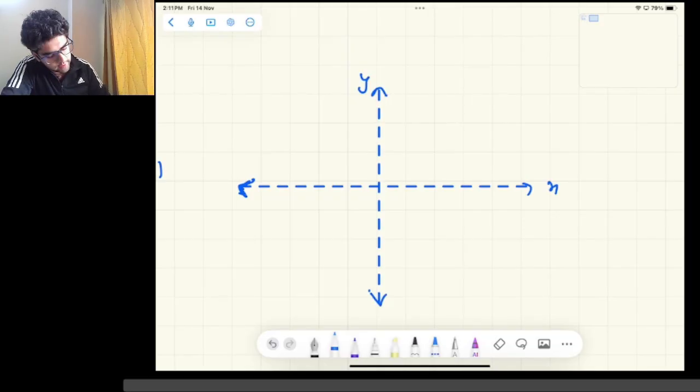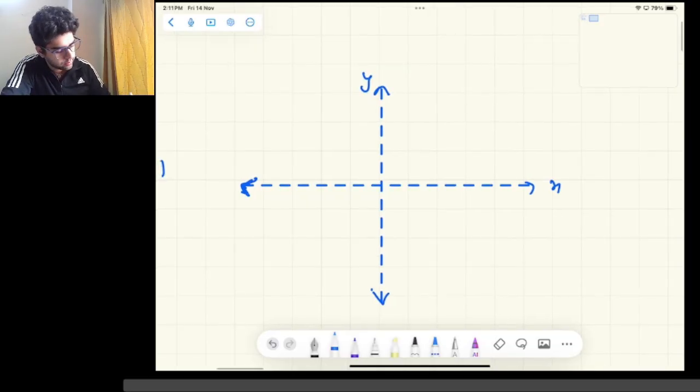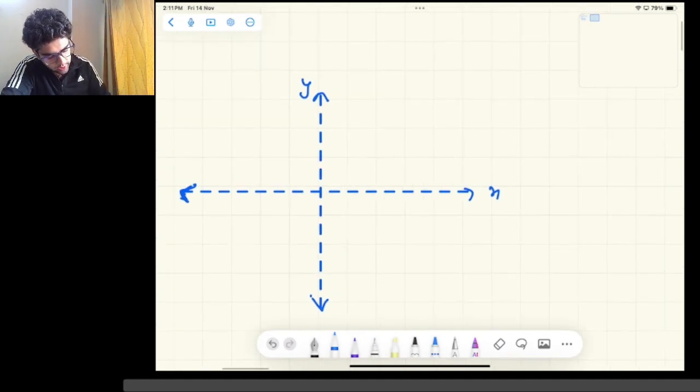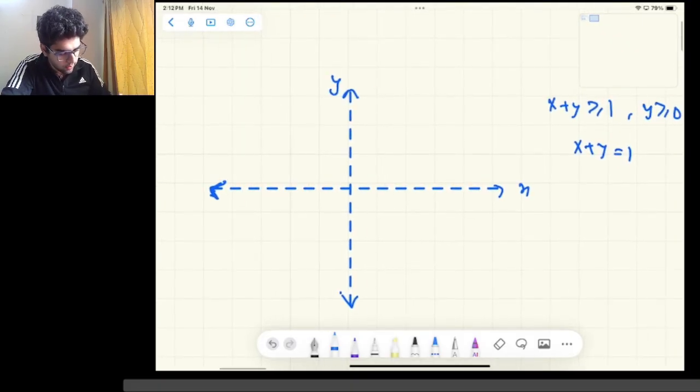So x plus y greater than or equal to 1, comma y greater than or equal to 0. Let me first draw x plus y equal to 1. This line cuts the axes at 1 on each axis.